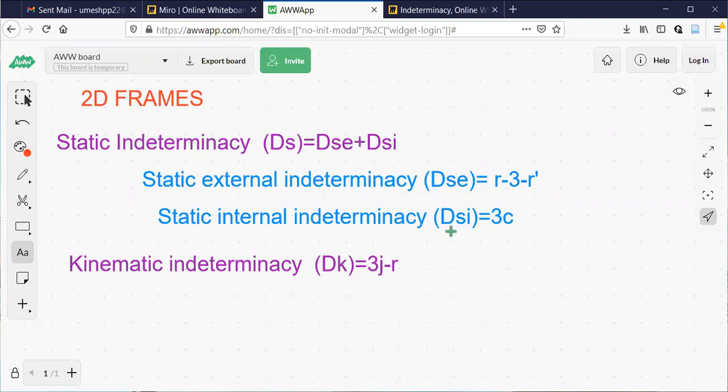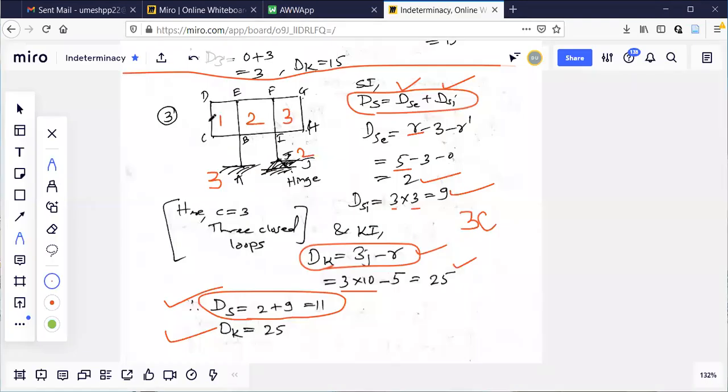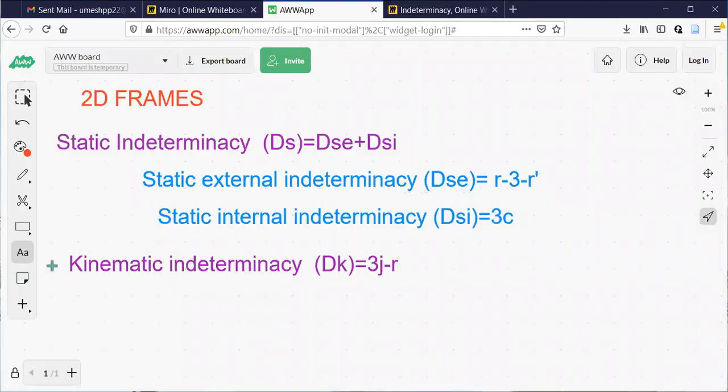Static internal is 3c, where c is the number of closed loops. You can see there are 3 closed loops, so c has become 3. Then DK is 3j minus r, where j is the number of joints and r is the number of unknown reactions. So this is how you can solve the problem. I'll go to the next one.